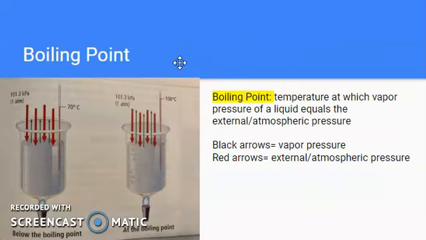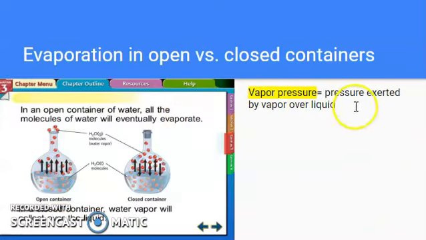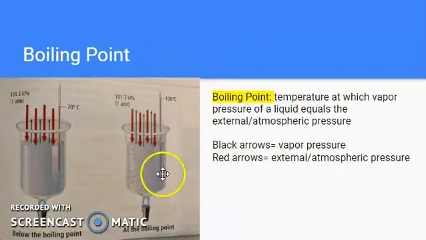So, boiling point. What is boiling point? Well, the textbook definition of boiling point is the temperature at which the vapor pressure of a liquid equals the external or atmospheric pressure. Now, vapor pressure, remember, is the pressure exerted by vapor over liquid. So when this vapor evaporates, it exerts a pressure over the liquid.